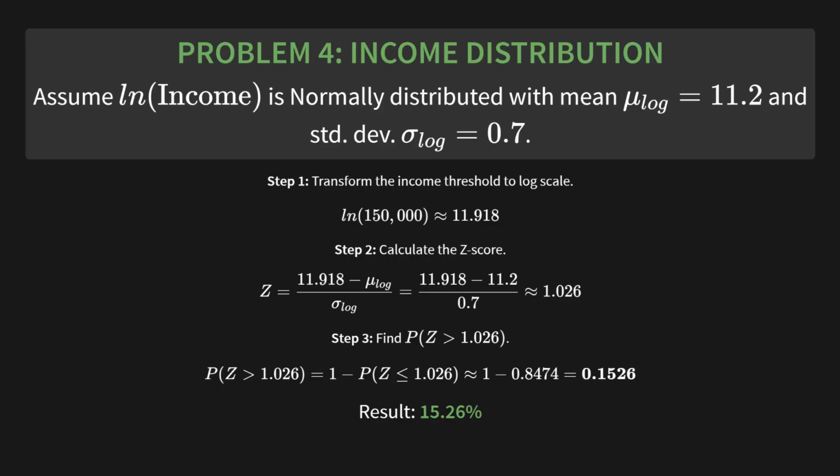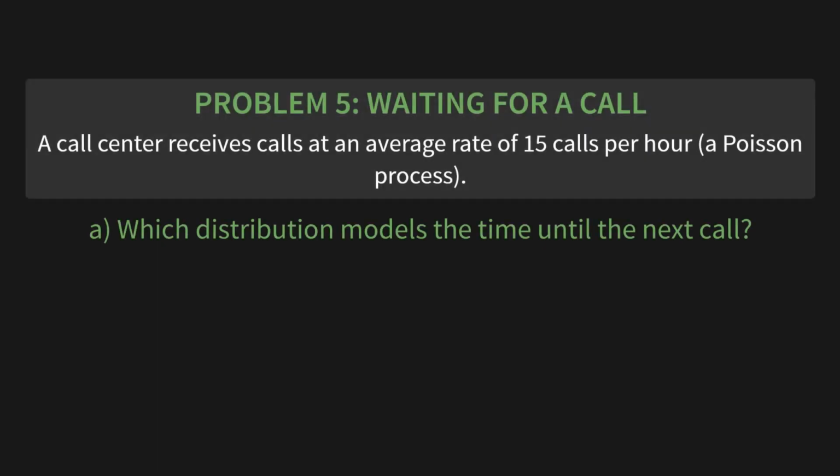Looking that up, we get 1 minus 0.8474, which equals 0.1526. The final result? 15.26%. So about 15% of households earn more than $150,000 in this model. Great work getting through that one.